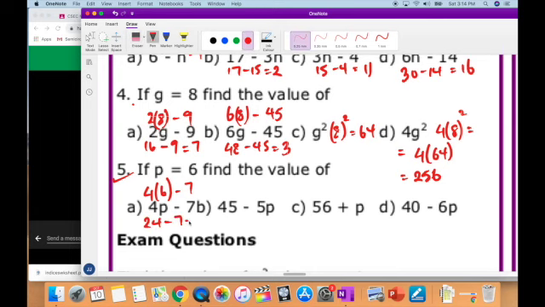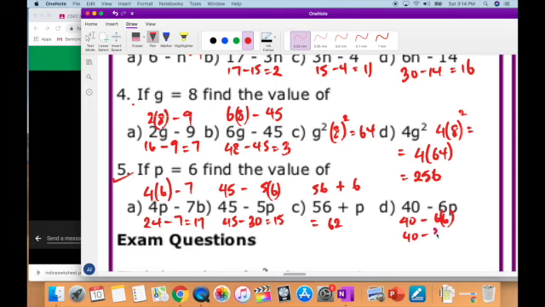Minus 7, which is 17. Second one is 45 minus 5 open bracket 6 close brackets, which is 6 5s are 30. Which is 15, right? The next one is 56 plus 6, which is equal to 62. Next one is 40 minus 6 open bracket 6 close brackets, which is equal to 4.